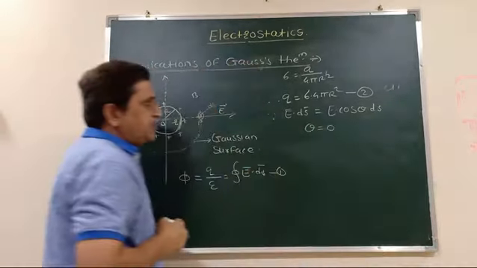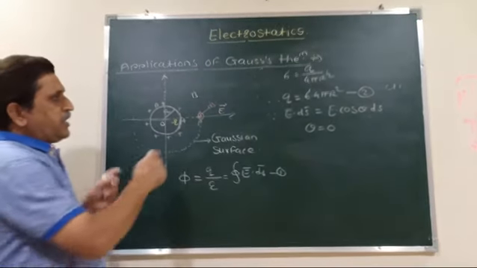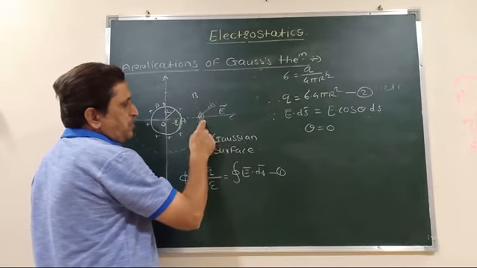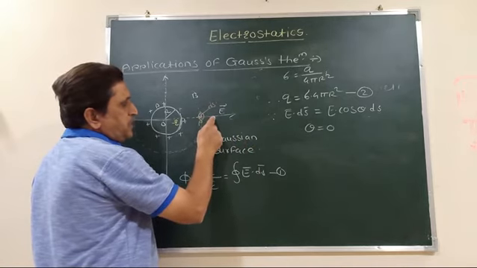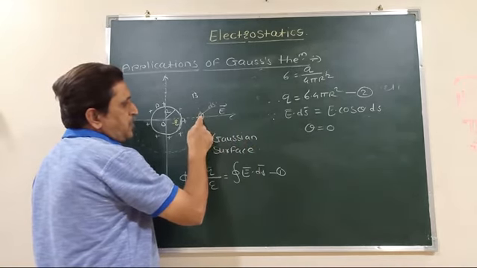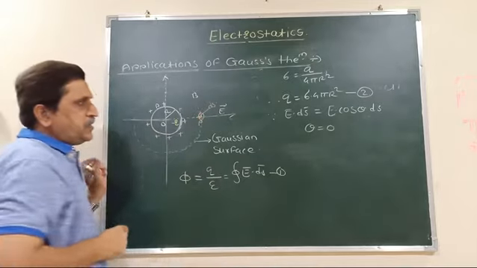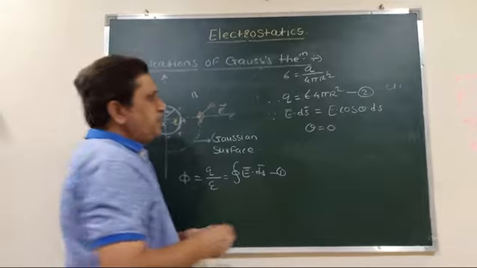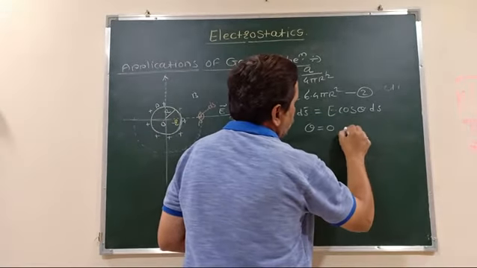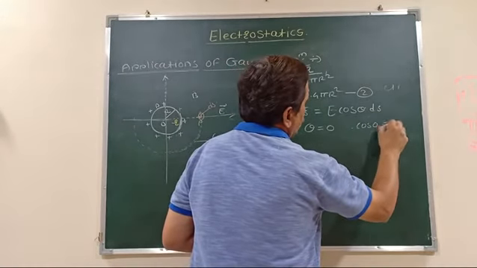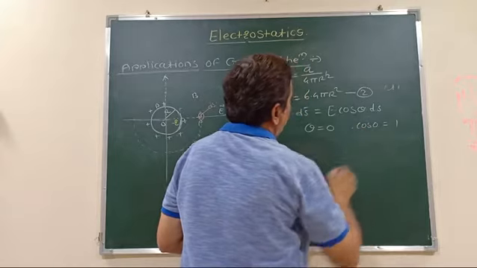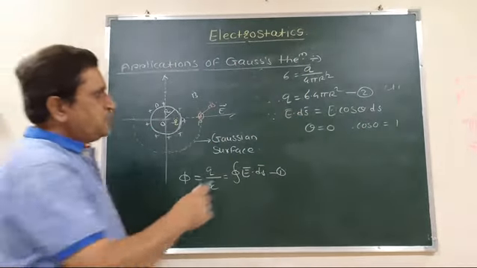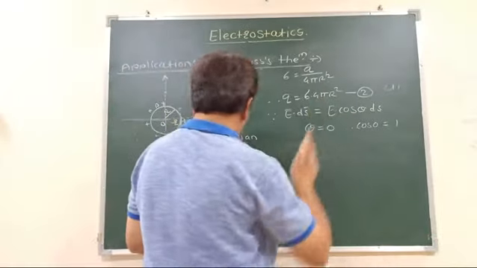That means the angle made by the area ds with the direction of electric intensity is 0, because the direction of electric intensity is the same for each and every point on area ds. We know that cos 0 is equal to 1. That means we can write E bar dot ds bar is equal to E into ds.